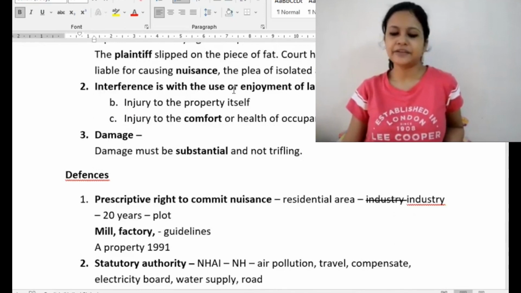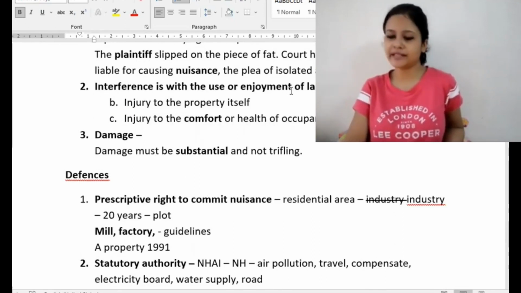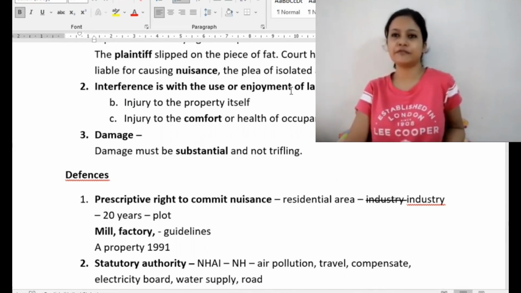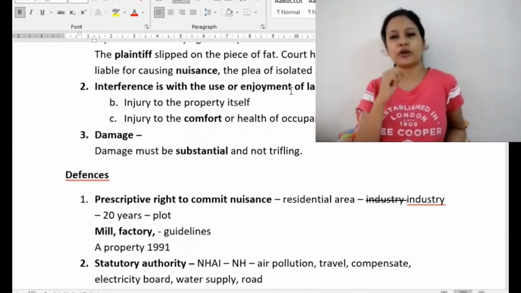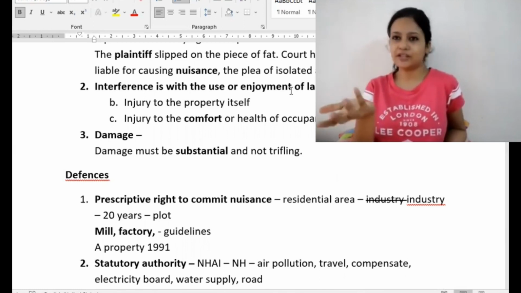Next is interference with use or enjoyment of land. We know there is interference, but what sort of interference is it? It should be relating to use or enjoyment of the land. You are owner of this plot of land, but you are not allowed to peacefully stay there, peacefully sleep at night.